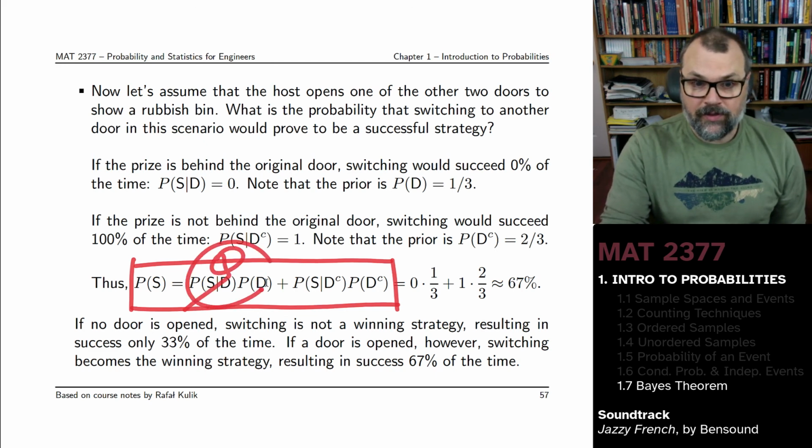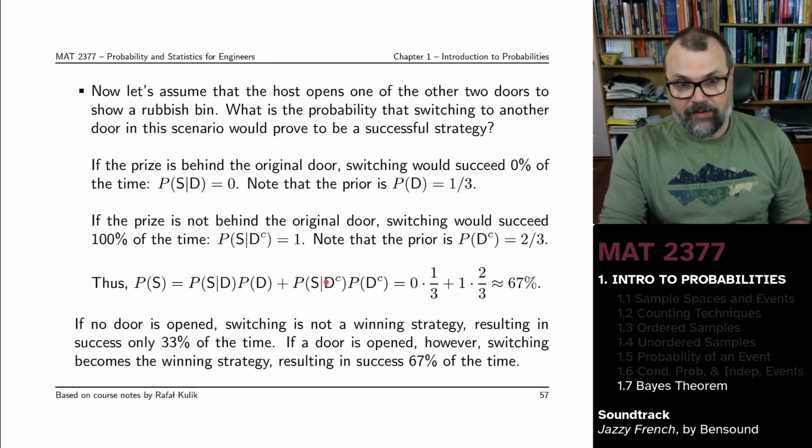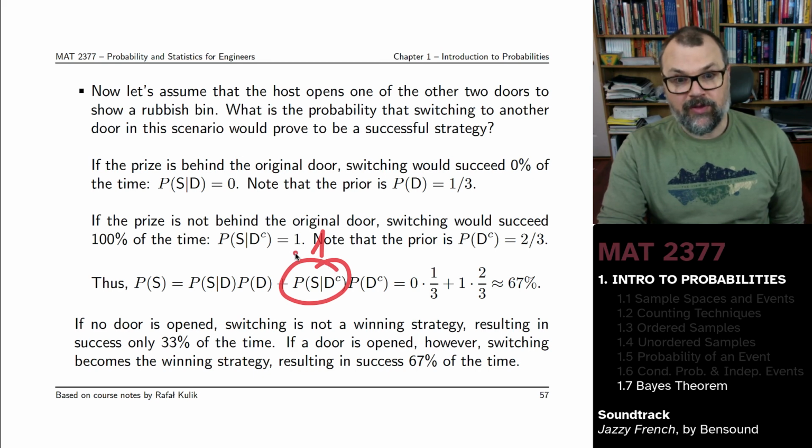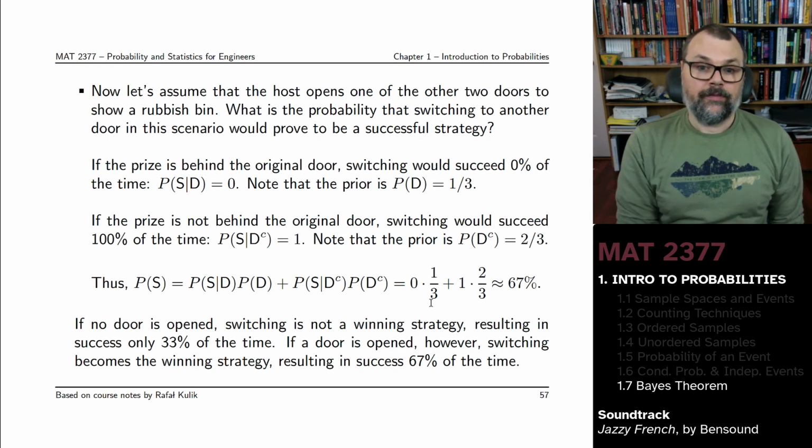Doesn't matter what this is, this whole thing will be 0. And then you're left with this probability being 1. That's different. It used to be 1/2. Now it's 1. This probability is 2/3. That hasn't changed. And the overall probability of switching being successful is now 67%.